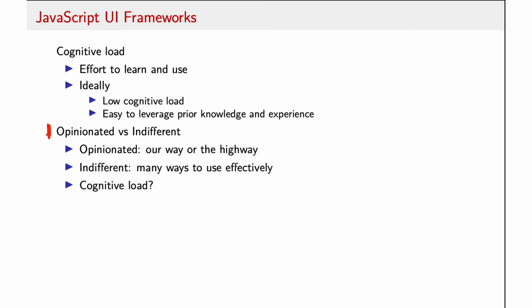So some tools, some frameworks, some languages fall more on the opinionated end of the spectrum. And what I mean by that is that the designers, the architects of that framework have just decided, hey, you're going to do everything the way we say you're supposed to do it, or it's stupid to use our tool, right? It's kind of an our way or the highway kind of an approach to things.